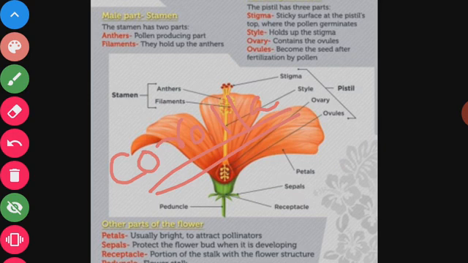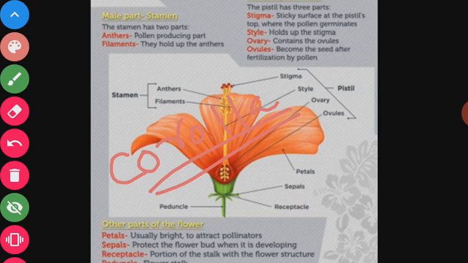The petals are usually scented. The function of the petals, the function of the corolla, is to attract the insects. Why are the petals colorful?